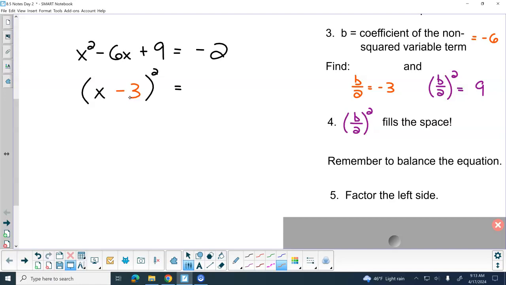If we forget that, we can always go x squared minus 6x plus 9, and then I need two numbers that multiply together to be positive 9 and add to be negative 6. So that would be x minus 3 and x minus 3, since they're both the same. And that equals negative 2.